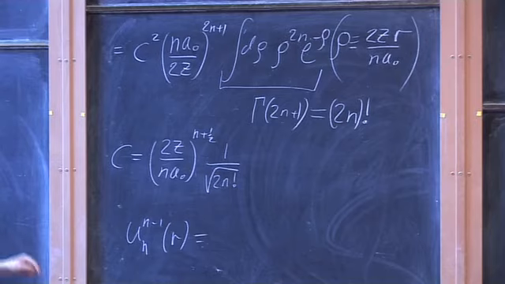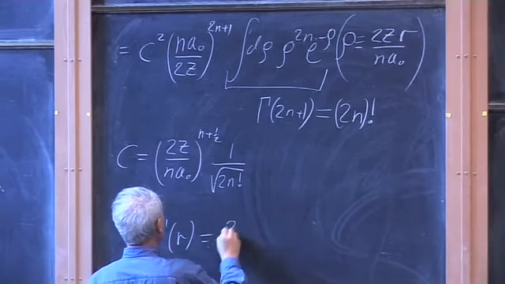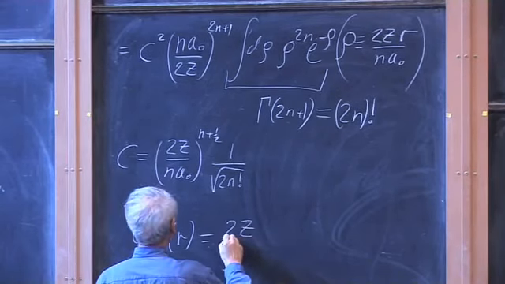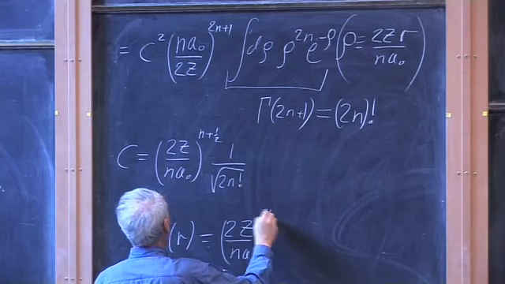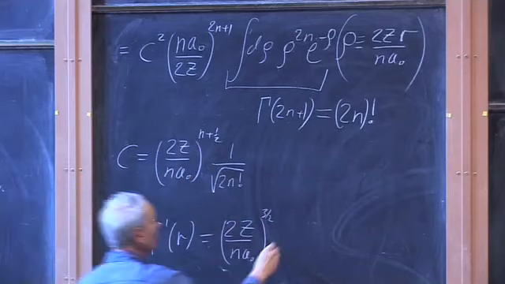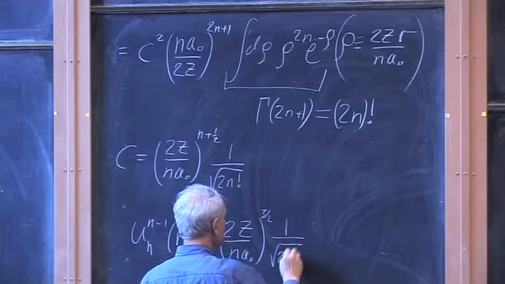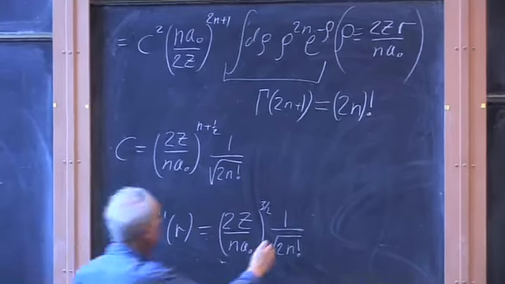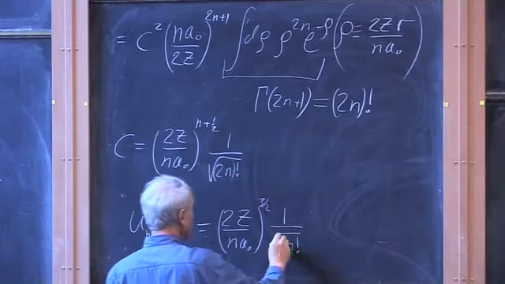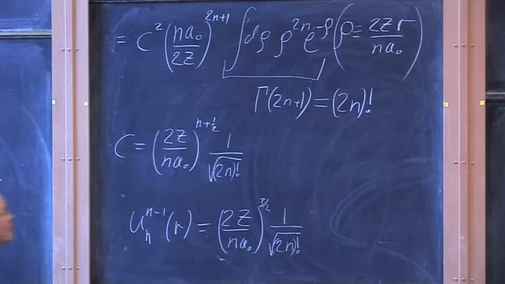I need this factor here, and I'm going to write it as follows. I'm going to say this is 2z over n a0 to the 3/2 power. So I'm borrowing from that 3/2 power. 1 over the square root of 2n factorial. Sorry, I need a bracket there to make sure it's the whole 2n that gets factorialized.